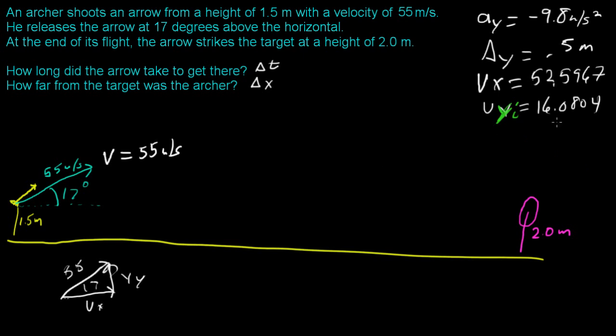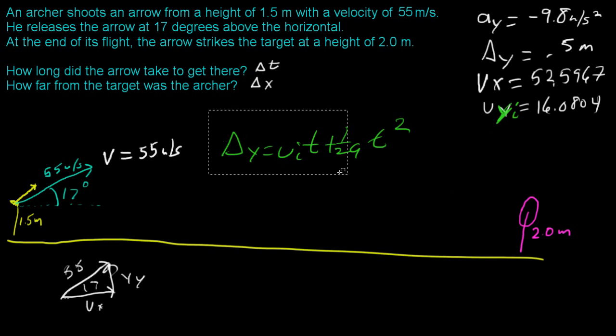So if we know initial velocity, displacement, and acceleration, we can figure out time. How can we do it? Delta y equals VIT plus 1/2 AT squared. Oh, except that this is very unpleasant to solve for t, right? Because VI is not 0. So we're actually going to need to solve for VF first.